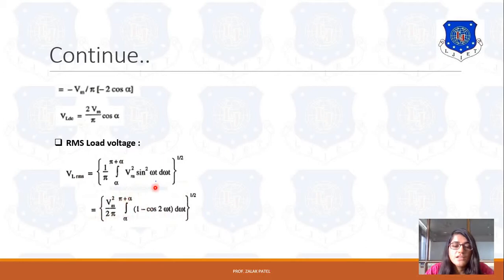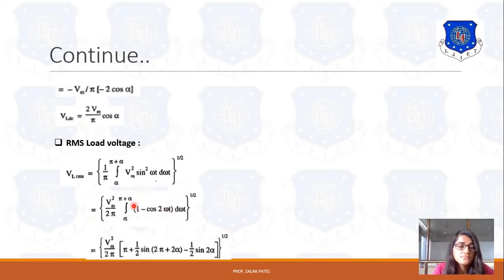Now if we integrate this term, there is no omega t in the first term, so integration of 1 is taken, and in the second term cos 2 omega t is there, so we simply integrate cos. Integration of cos 2 theta is sin 2 theta divided by 2.